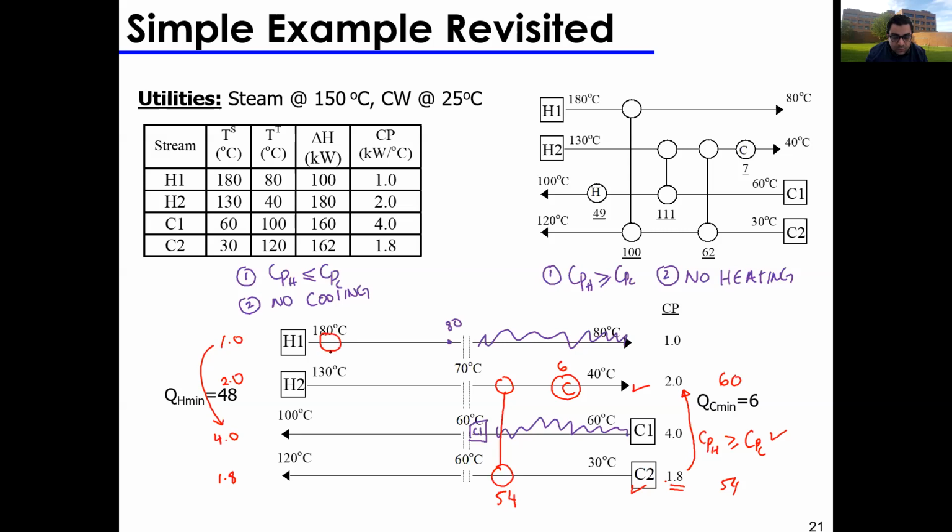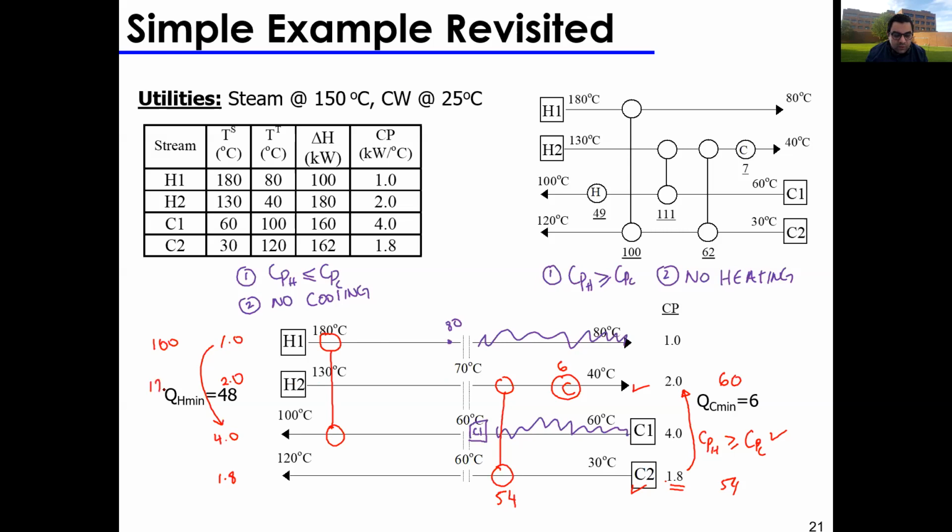So I'm going to draw here a circle, connect it to here, second circle. 180 minus 80. So how much enthalpy is available in the stream above the pinch? 180 minus 80, that's 100 multiplied by 1. So I have 100 here. That's calculated for all of them actually. 130 minus 70, 60 multiplied by 2.